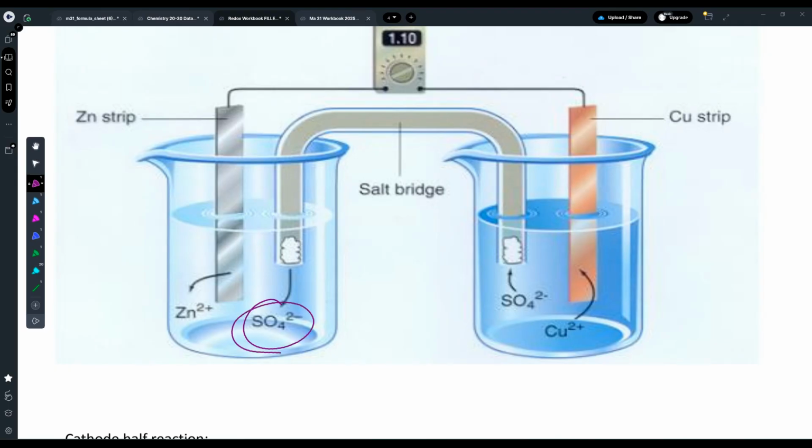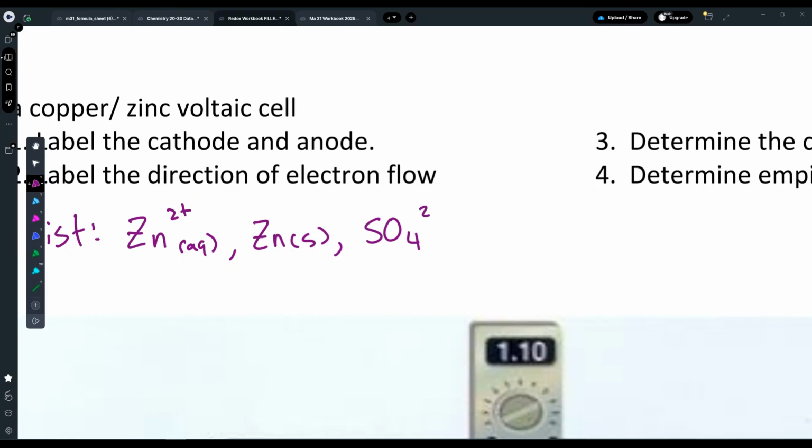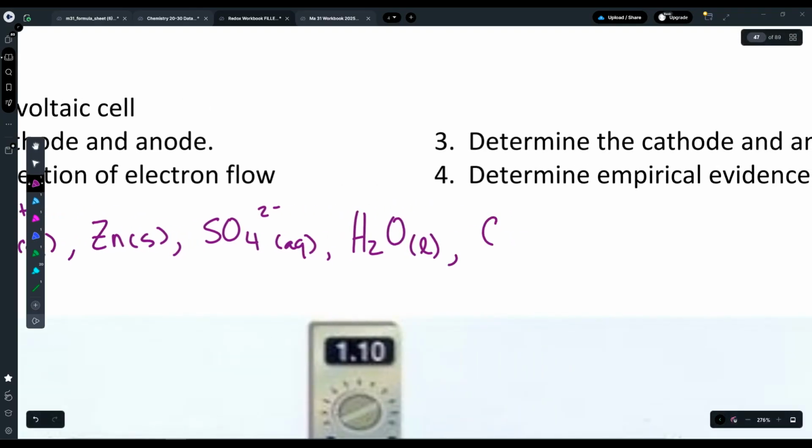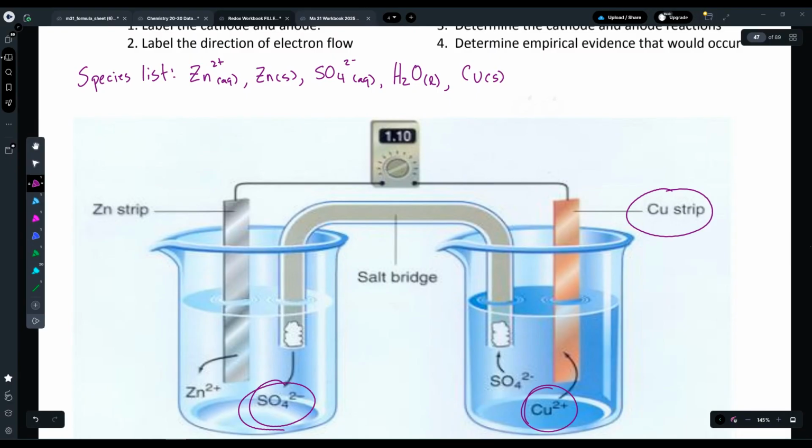Now it looks like we have sulfate and copper, and because these are solutions, that means we also have water present. We have copper solid, and if we have copper solid, we've got copper 2+, which would be aqueous because it's an ion.